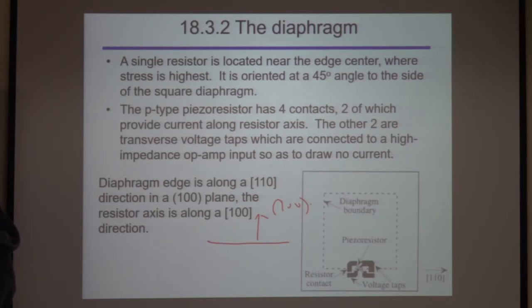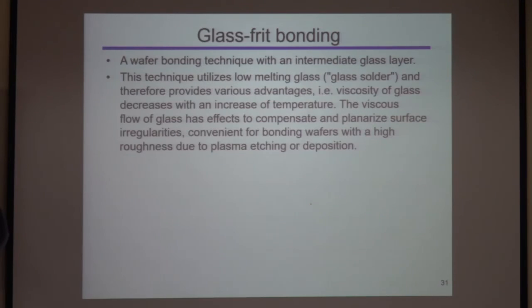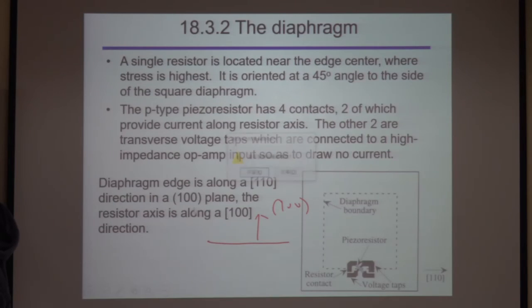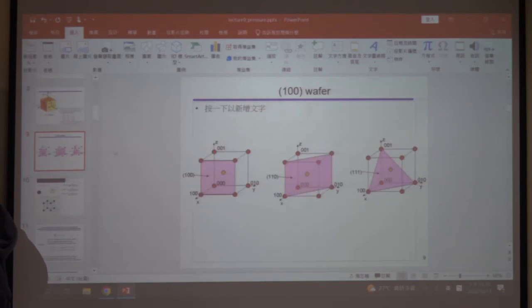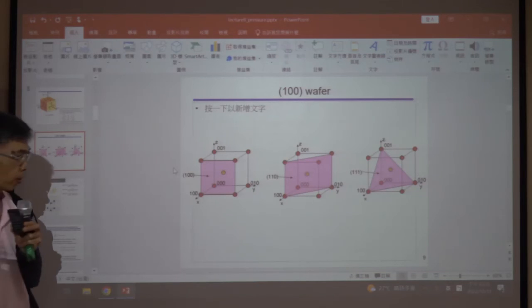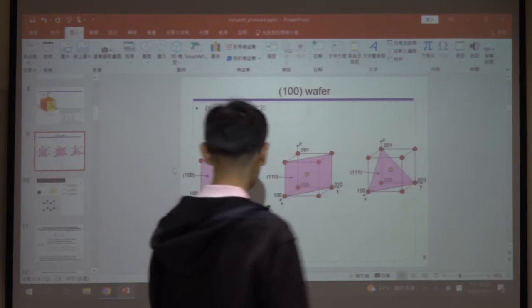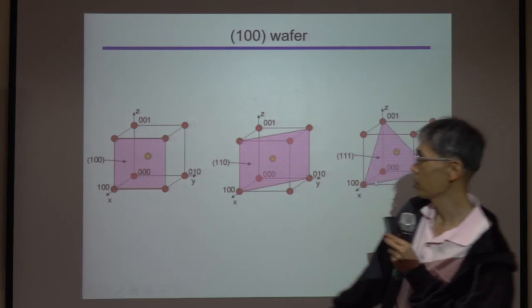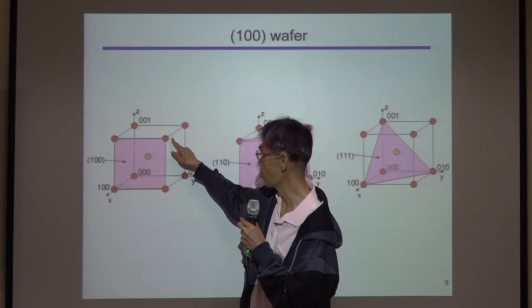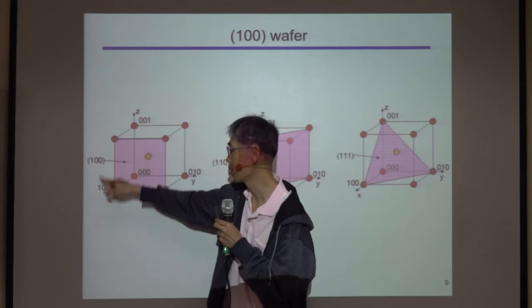Do you understand? Previous. Can you go to the page with the three surfaces? Okay, look at the atoms. On the 100 surface, you can count 1, 2, 3, 4.